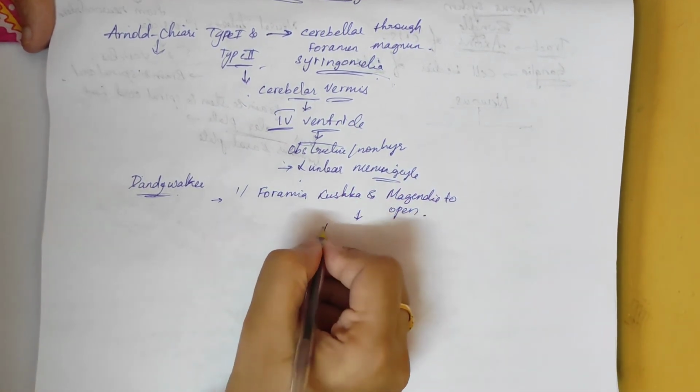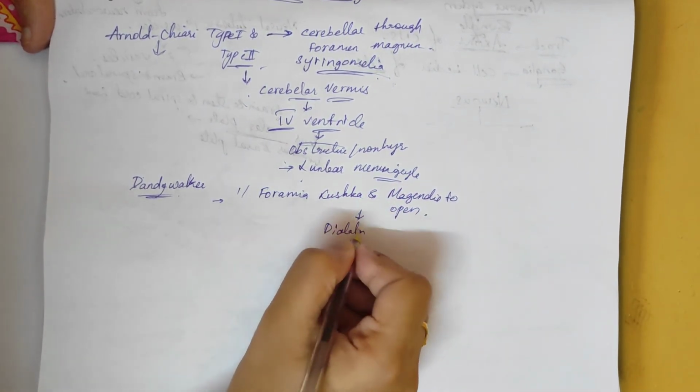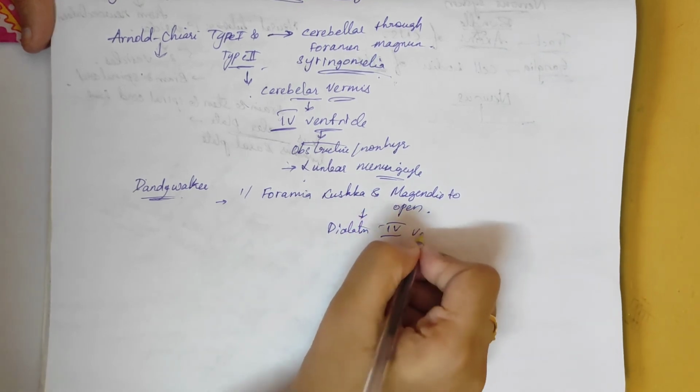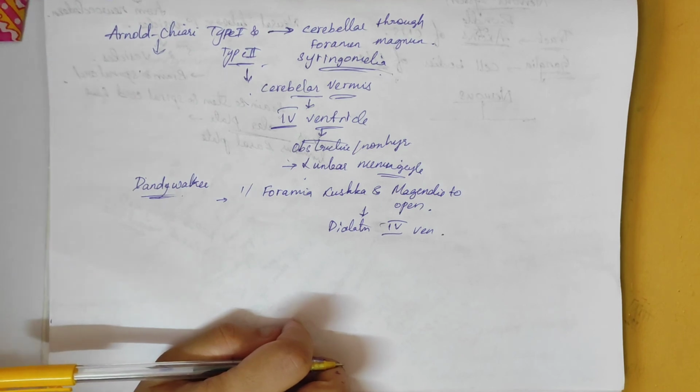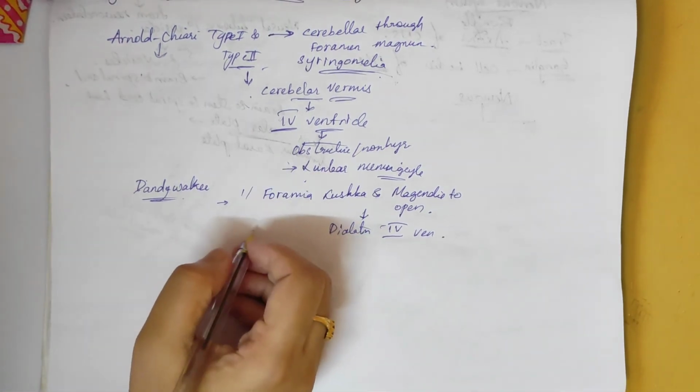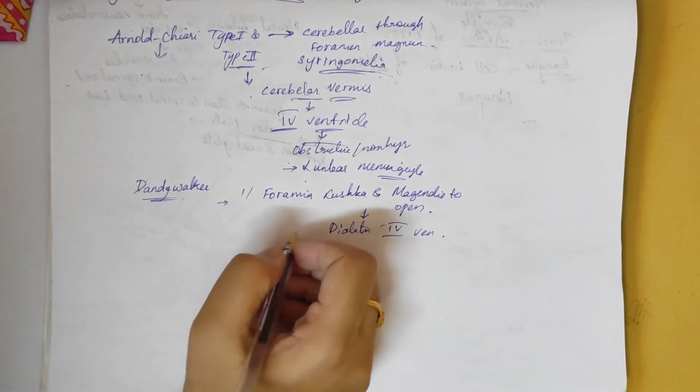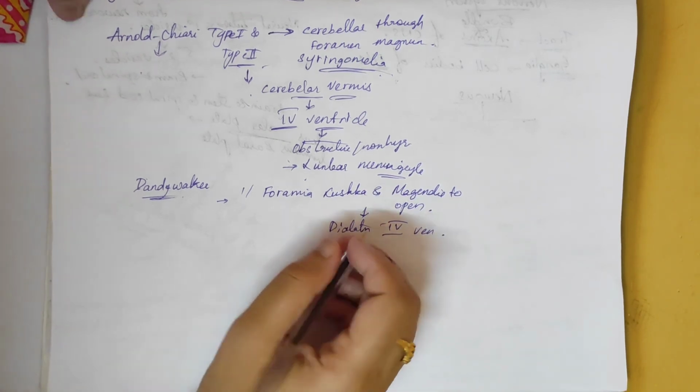So this causes dilation of the fourth ventricle, which causes hydrocephalus, obviously. And also agenesis of the cerebellar vermis and splenium of the corpus callosum is seen here.